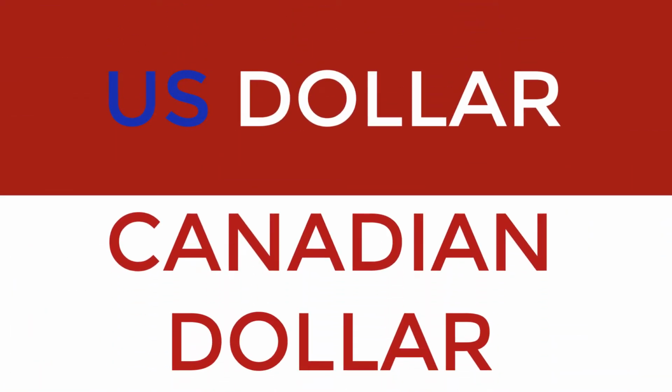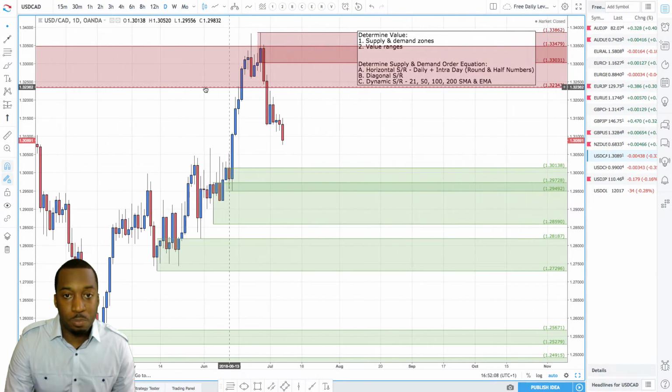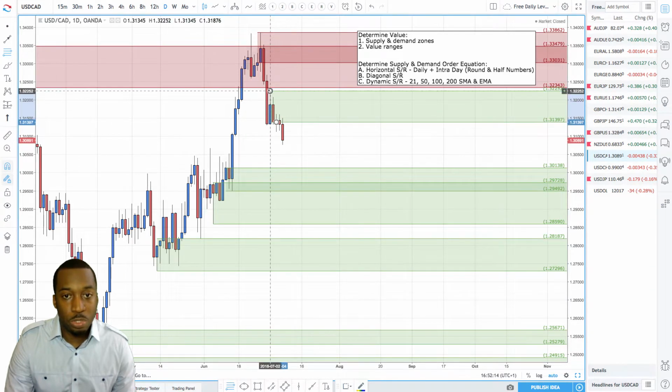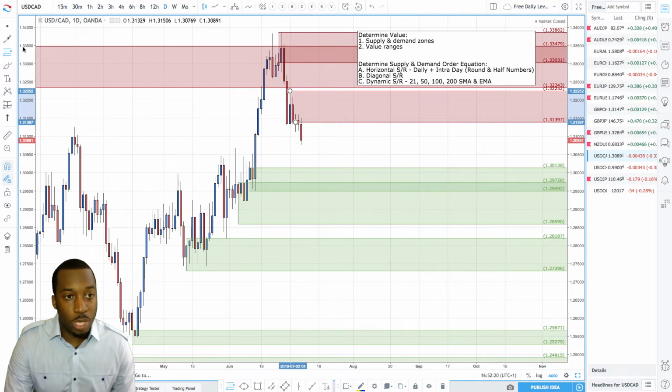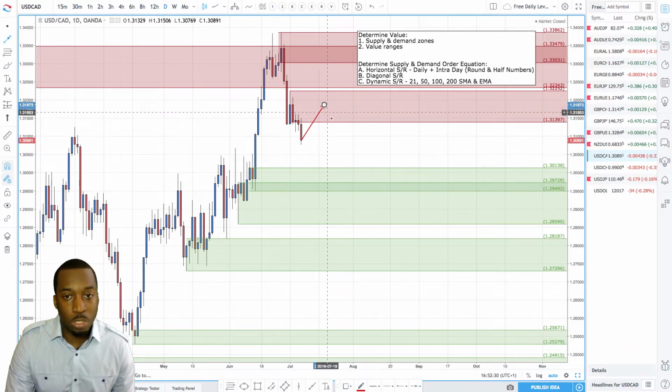Next is going to be the dollar CAD. What we've got is some demand zones here, and we've put in a supply zone right here. So if we do get a bit of a pullback into this level, what you're doing is looking again down on maybe a lower time frame or potentially the daily as well, if you're looking to take advantage of some dollar weakness.